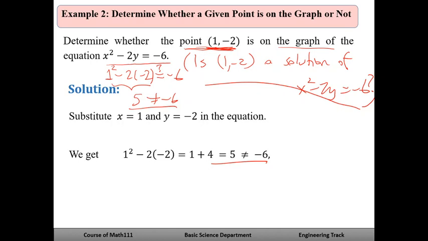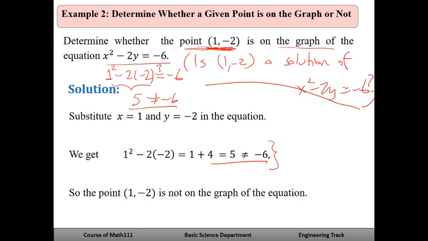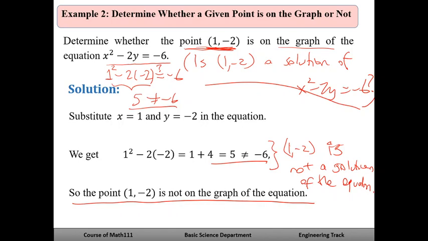So what do we say? No, it's not a solution. So (1, -2) is not a solution of the equation, so it's not on the graph of the equation.